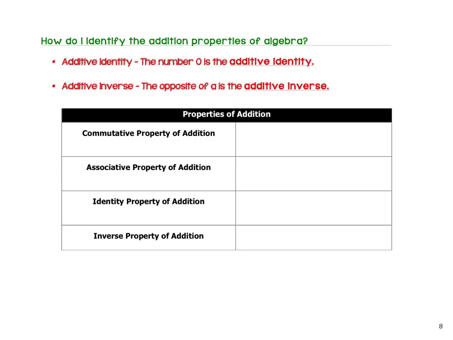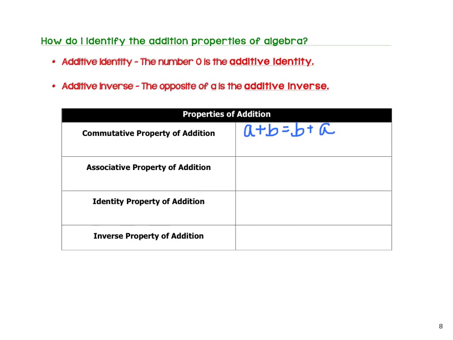The commutative property of addition, if you remember from last year, is where A plus B is equal to B plus A. What I've done here is I've changed the order.